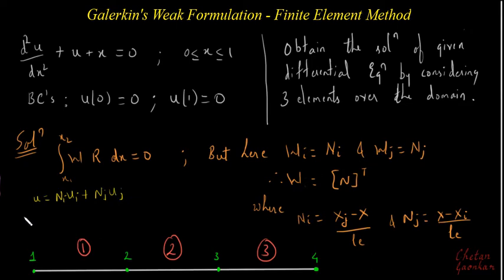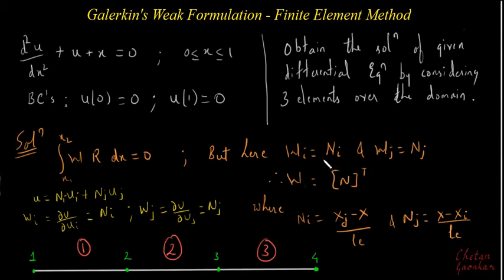and then the weighting function wi will be the partial derivative of u with respect to ui, which will give us ni. Similarly, the weighting function wj will be the partial derivative with respect to uj, which is the shape function nj, and that is what has been written here.